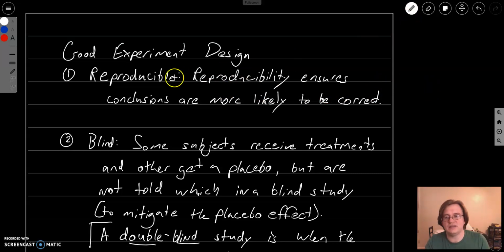The first one that we want to look at is reproducibility. If you are going to conduct an experiment and you want other people to trust the results that you come up with, your experiment should be reproducible, meaning other people should be able to conduct the same or similar experiment and draw the same conclusions that you do. If you can't reproduce your experiment, maybe what you got was simply a fluke.